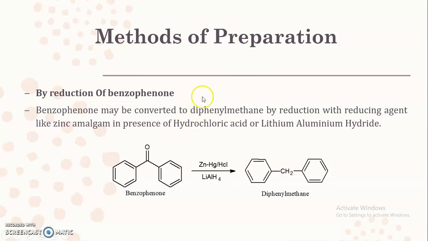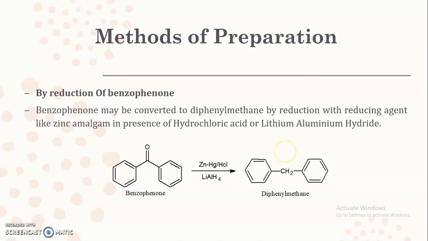So here benzophenone, when reduced with the help of zinc amalgam in the presence of hydrogen chloride or lithium aluminum hydride, gives us a reduction of this carbonyl group, which leads to the formation of this methylene group, so that diphenyl methane is formed.